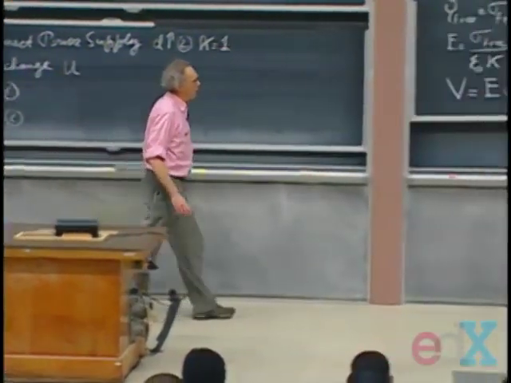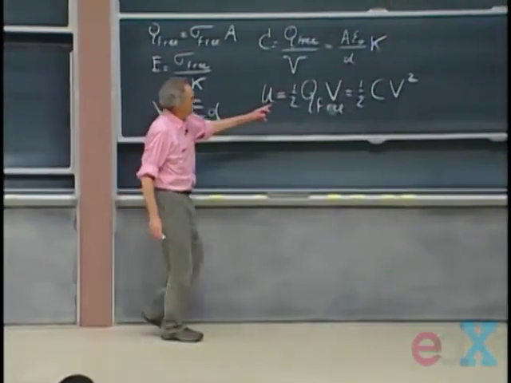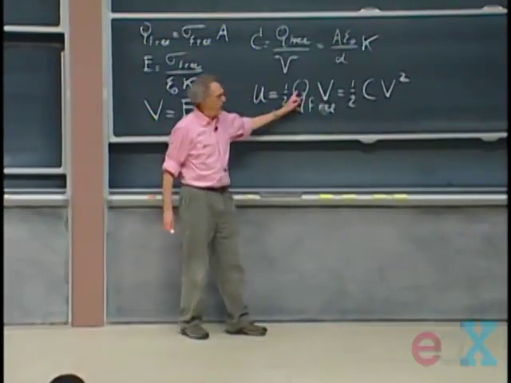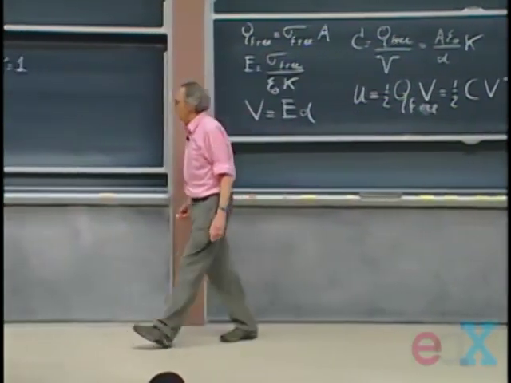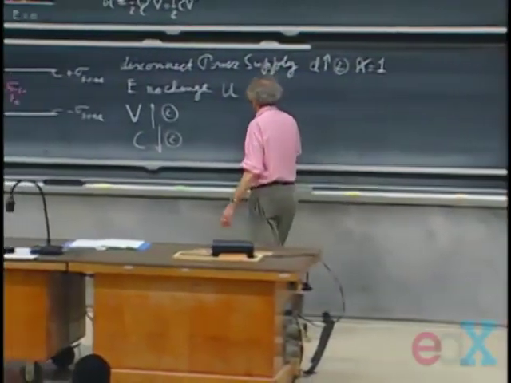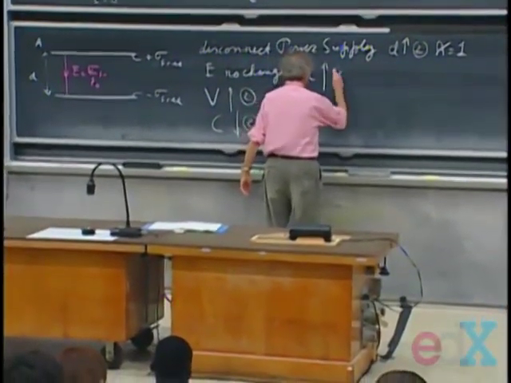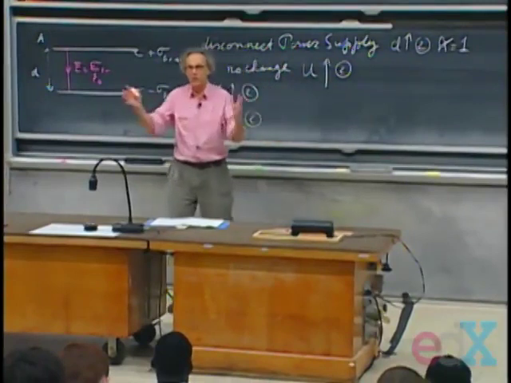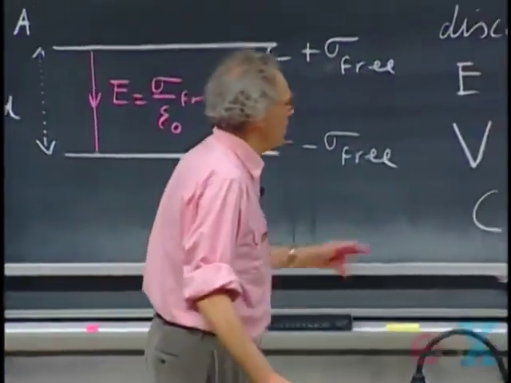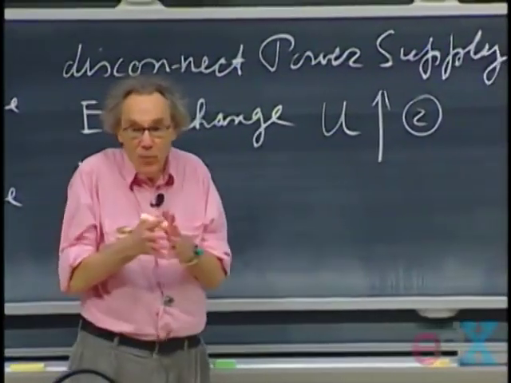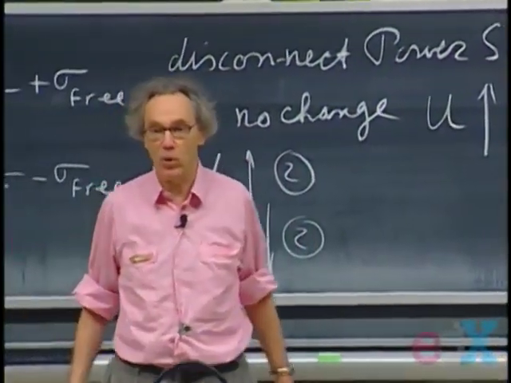Well, it is 1/2 Q free times V. Q free cannot change. V went up by a factor of 2, so U must go up by a factor of 2. Remember that when I separated these plates and increased the potential difference, I told you I was doing work. U is increasing. If I move the plates apart, I have to do that work.